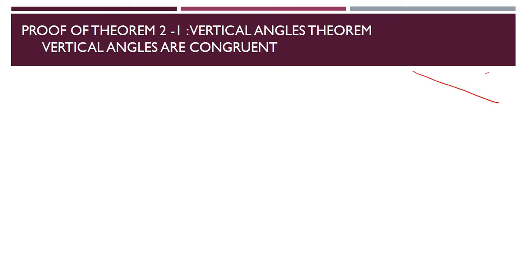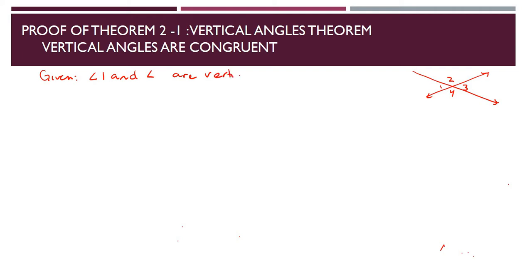Again, let me redraw the illustration. If it's close to where you were in your notes, you don't have to redraw everything. So 1, 3, 2, and 4 is what we have. And we are given the fact by the diagram that angle 1 and angle 3 are vertical angles.